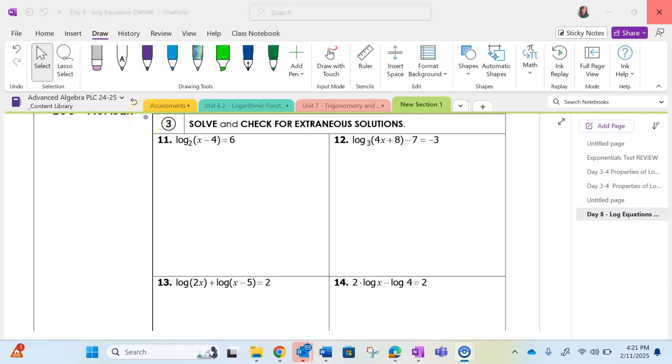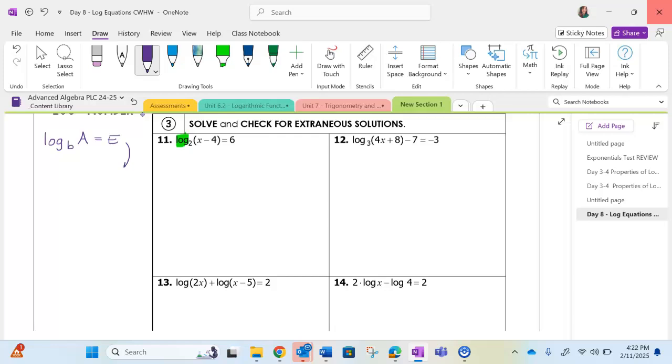So looking at problem 11, if you notice in problem 11, there is only the word log on one side, okay? So this is where we are going to then identify the base, the argument, and the exponent. So I'm going to write log base argument equals exponent.